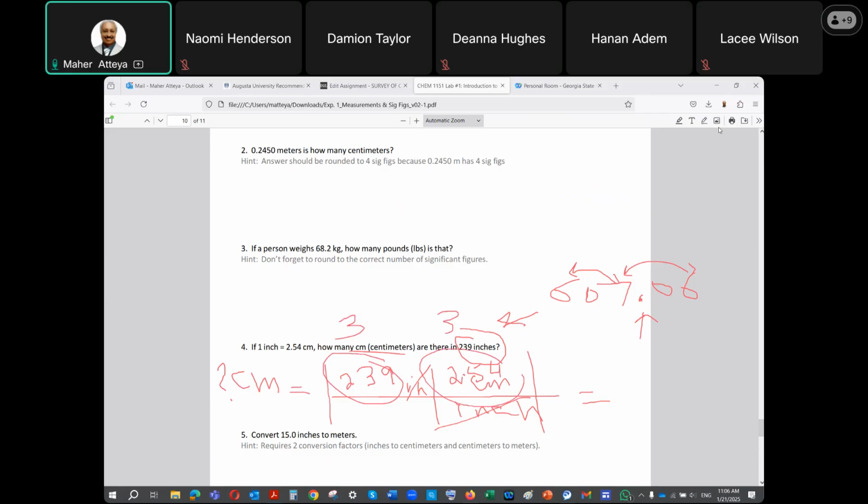Since this digit is not 5 and above, I can round it down. So the answer is 607. Everybody agrees? If this is 5 and above, then it will be different, 608.